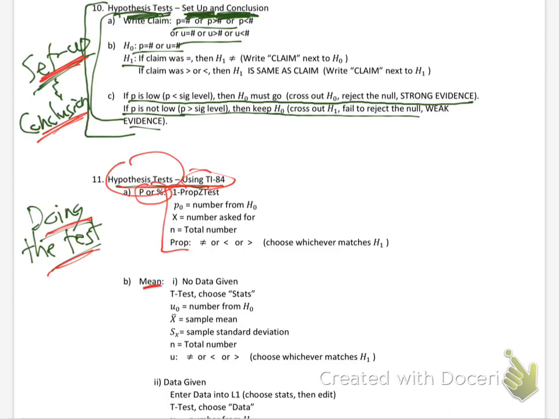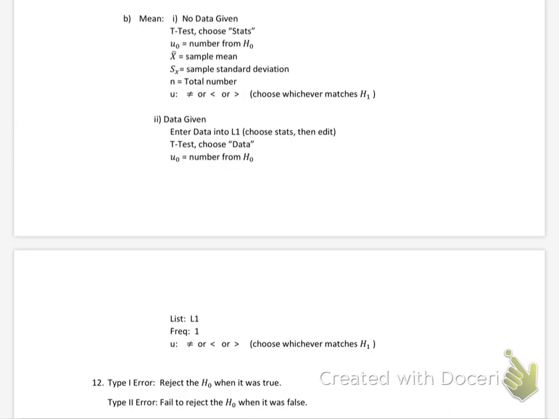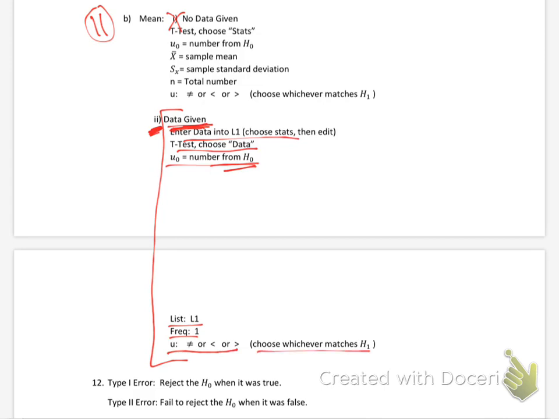Hypothesis test for a mean. No data given, no, that's not us. We are data given. That's us. So here's what we need. This is 11B part 2, not part 1. We have data given. So this is final exam notes 11B part 2. You have to enter the data in L1, t-test, choose data, mu0 is the number from H0, list is L1, frequency is 1, choose whichever matches.